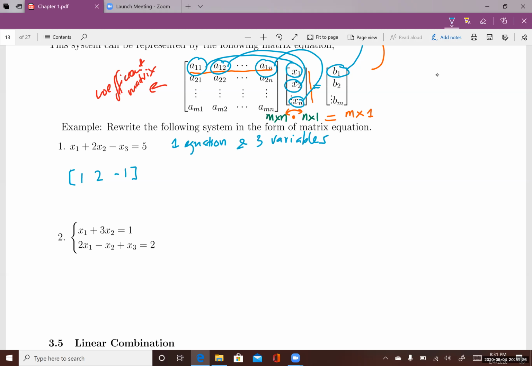Then you have 3 variables, so your variable vector has 3 entries. And your constant matrix should be just 5.